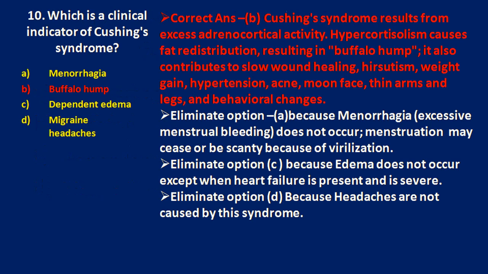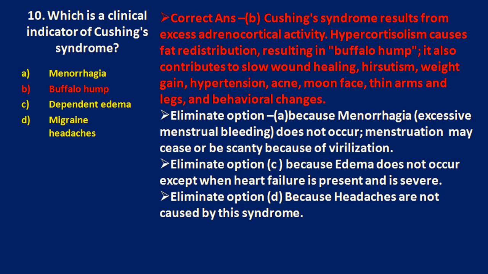Hypercortisolism causes fat redistribution resulting in buffalo hump. It is also contributing to slow wound healing, hirsutism, weight gain, hypertension, acne, moon face, thin arms and legs, and behavioral changes. These are the important features of Cushing syndrome.